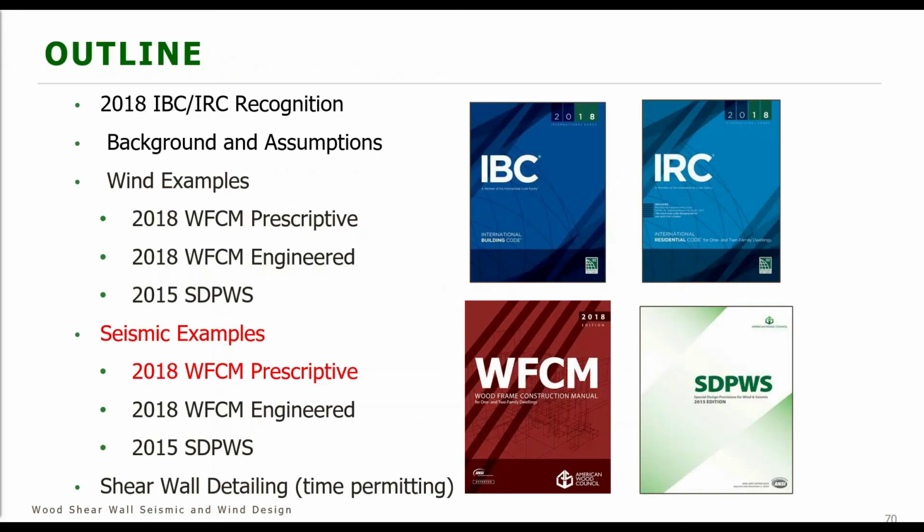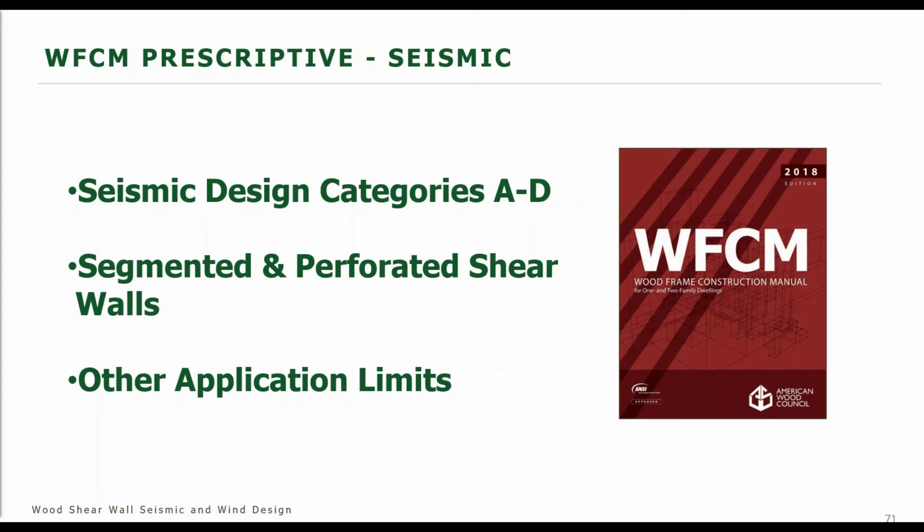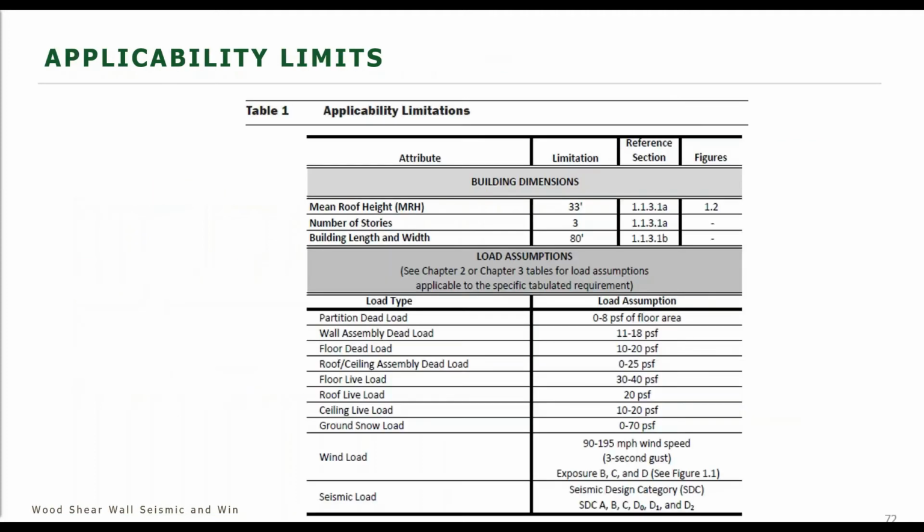Now we'll get into the prescriptive approach. As was mentioned previously, the wood frame construction manual can be used to design for seismic design category A through D, with segmented and perforated shear walls. Force transfer around openings will need to be done using the wind and seismic provisions. Lori went through all the applicable limitations, which this project meets, and one thing I do want to point out is the seismic load criteria, where we can do A, B, C, and D seismic design category.